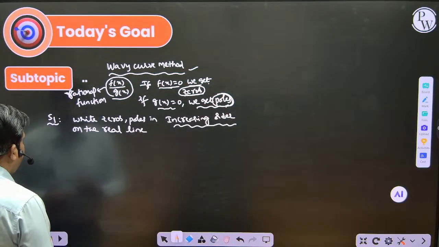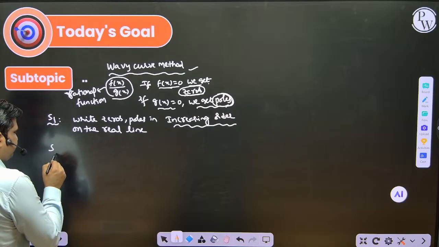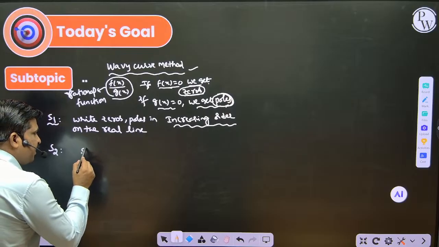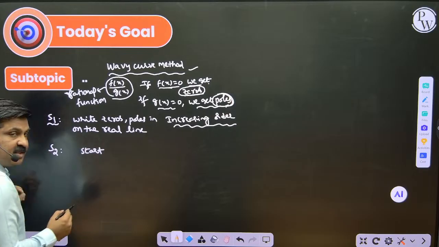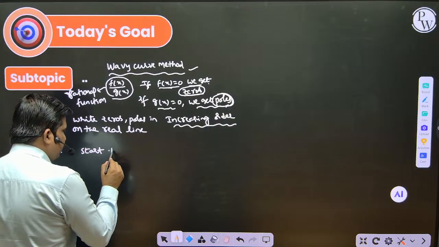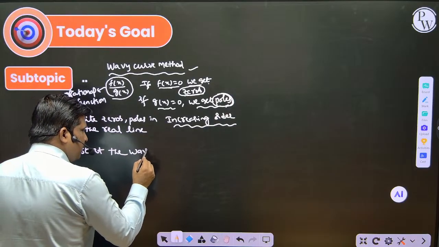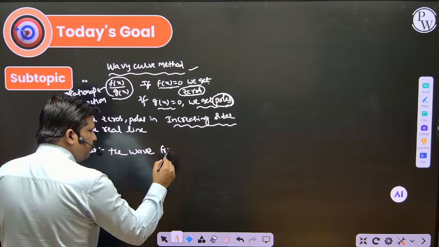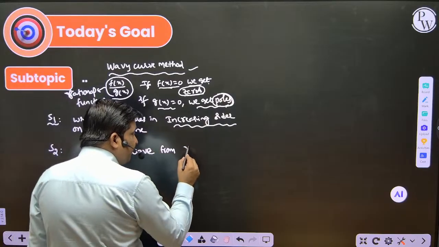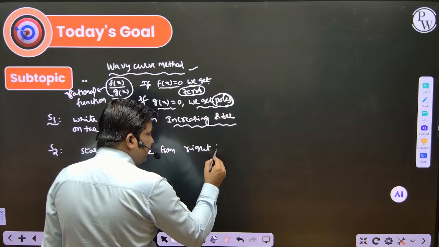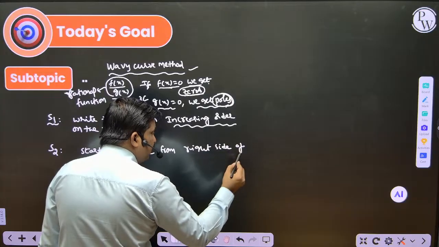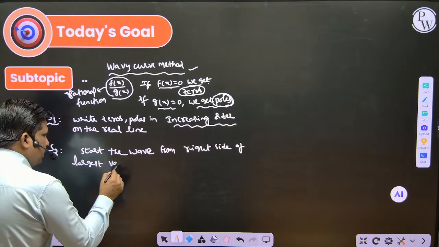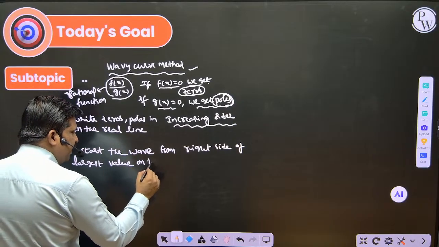Now, step number 2: start the wave. Start the wave from the right side of the largest value on the real line.